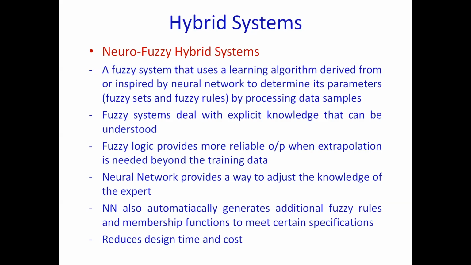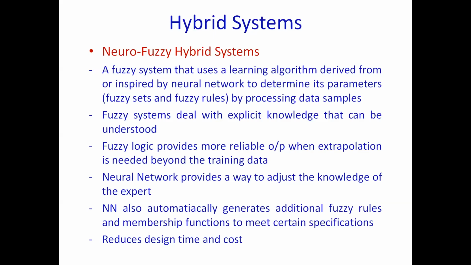So neural network learning provides a good way to adjust the knowledge of the expert. Expert means the artificial intelligence systems, you can say, and automatically generate additional fuzzy rules and membership functions so that it can meet certain specifications. So in this manner, it helps reduce design time and cost.